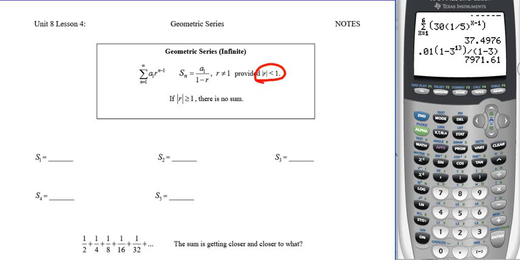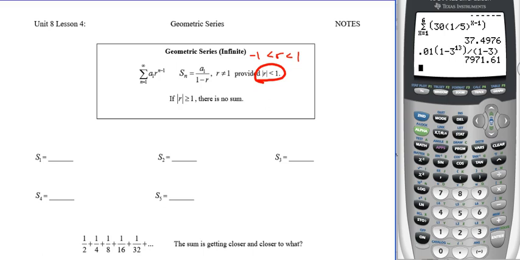And that's when the absolute value of r is less than 1, so between -1 and 1. Then you can add it up.